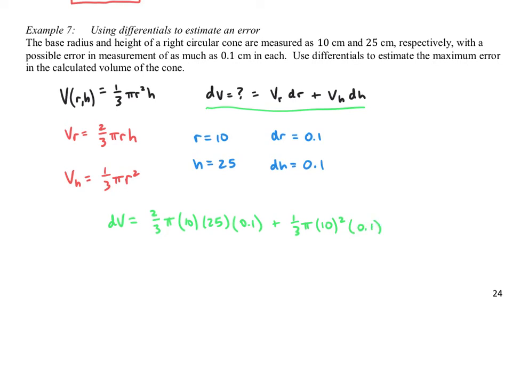So I'm going to highlight all the different parts that we have. So the V_r is here, and the V_h is here, and then the dr is there, and the dh is here. Okay, so I'm going to erase those highlights, but that's where all the different parts line up.